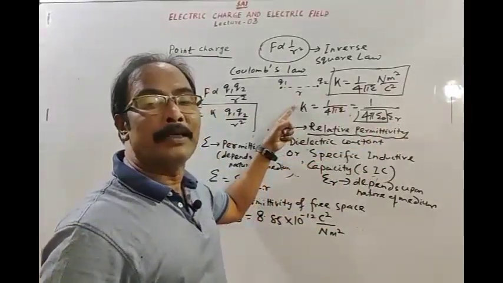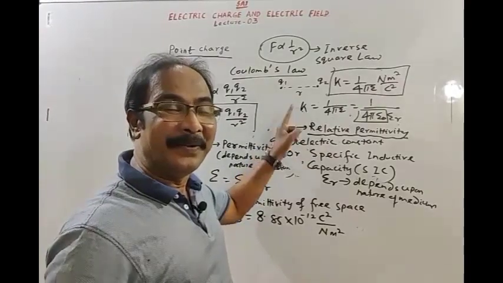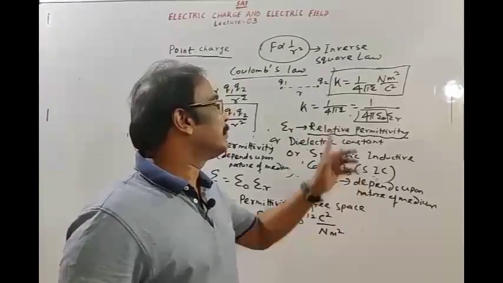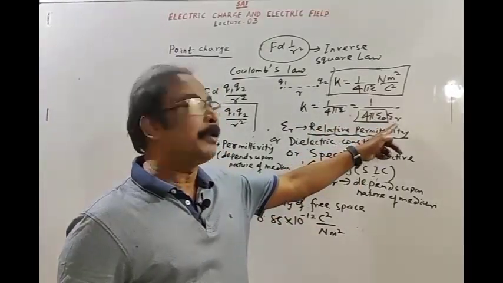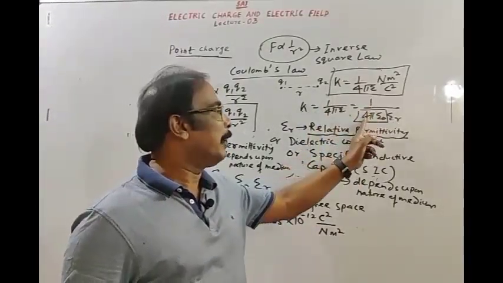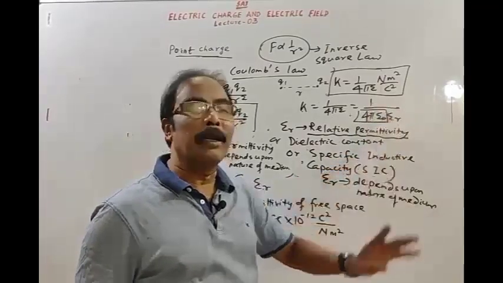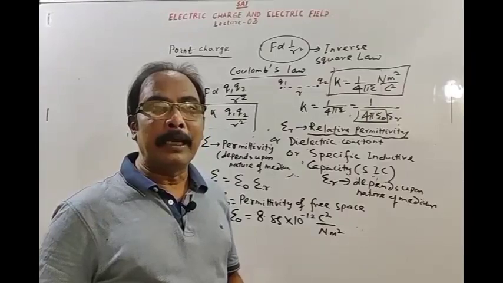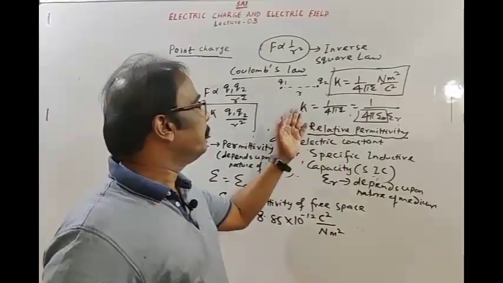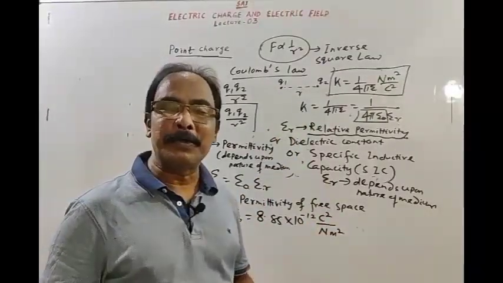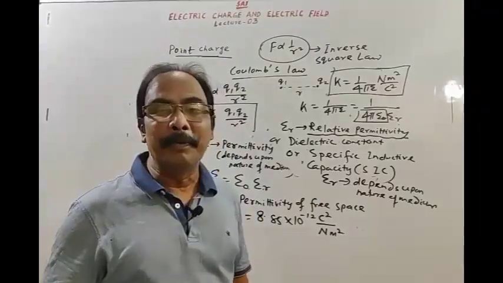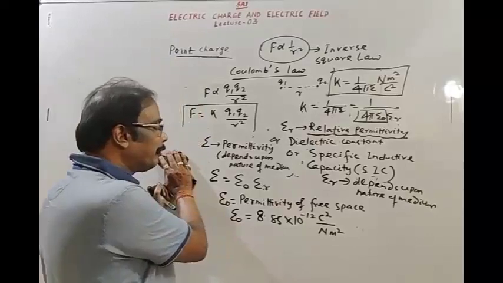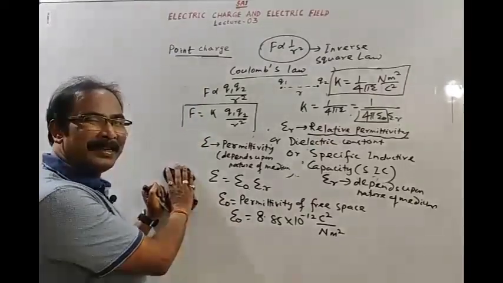So K, the constant of proportionality, depends upon the nature of medium, because K is related to relative permittivity as K is equal to 1 divided by 4 pi epsilon naught into epsilon r. Okay.